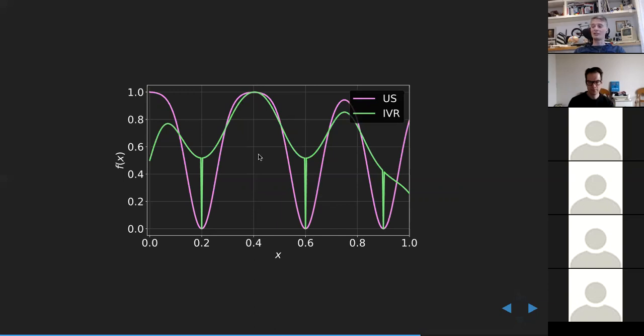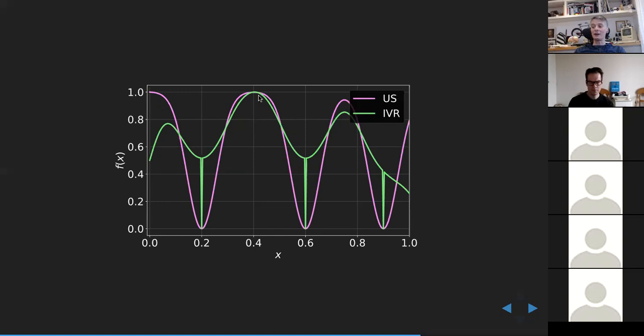So there's an interesting difference between the two. Also, notice this behavior on the left, that the integrated variance reduction is suggesting that going out to the left gives you less information than the uncertainty sampling, where if you go out to the left, you basically get the same acquisition function score, so at 0 and at 0.4, it's roughly the same.